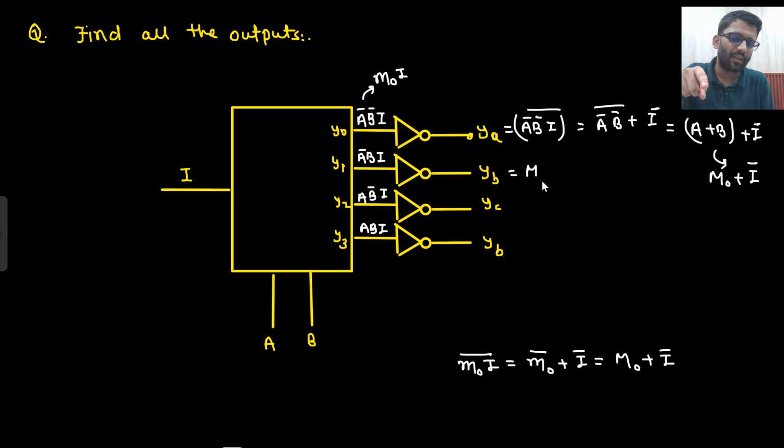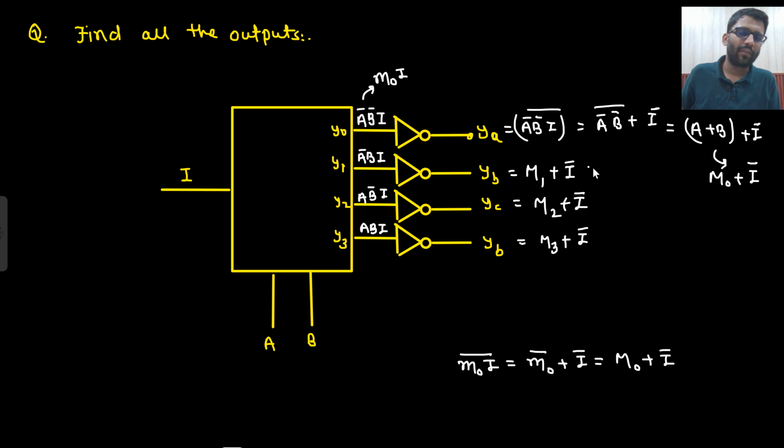What will be the output here? M1 plus I bar. What will be the output here? M2 plus I bar. And what will be the output here? M3 plus I bar. And what will be your M1? M1 will be A plus B bar plus I bar.